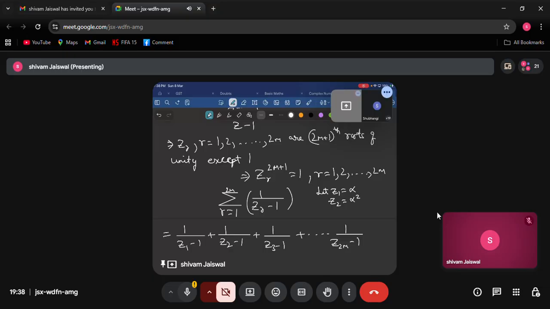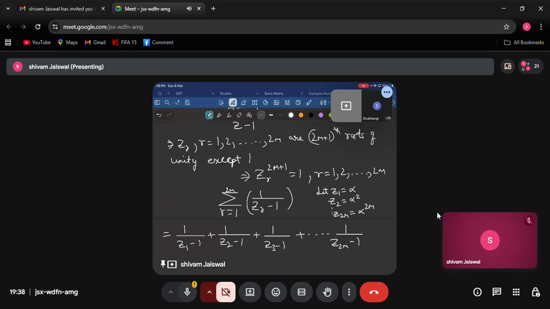Yes or no? Z1 is equal to alpha, Z2 will be equal to alpha square, and so on, Z2m will be equal to alpha to the power 2m. Z3 will be equal to alpha cube, because they are in geometric progression with the common ratio alpha.